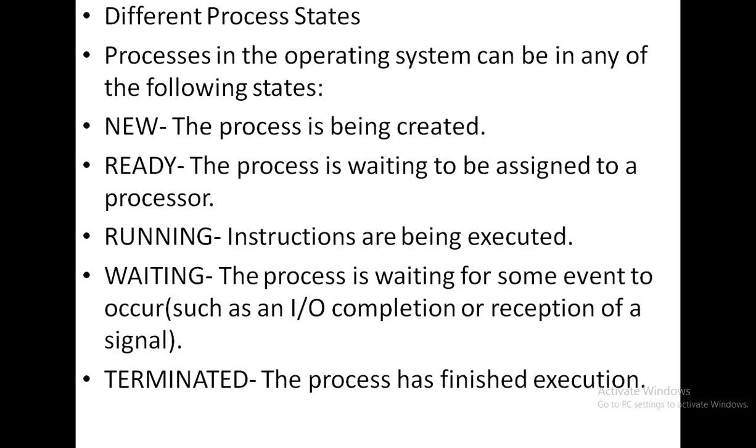That state is called the waiting state. Terminated state means the process has finished. Whenever the execution is finished, the process is treated as terminated, that is, terminated from the CPU or processor after finishing its execution.